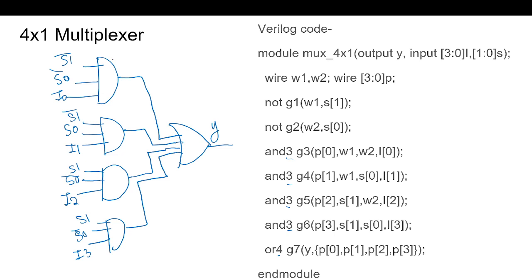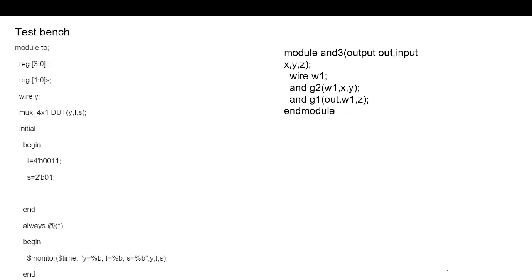So first I have to obtain the S1 bar and S0 bar. So I will store them in W1 and W2, and then these outputs I have to store in wires. So I will store them as P0, P1, P2, and then P3. And then I will apply them through an OR gate and obtain the final result.